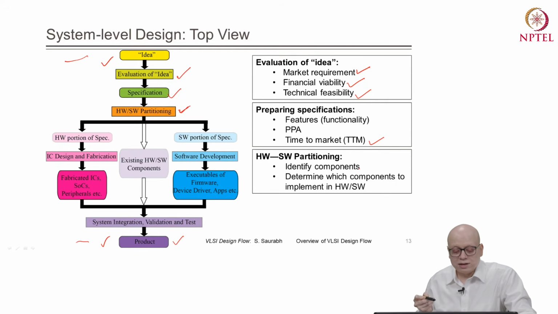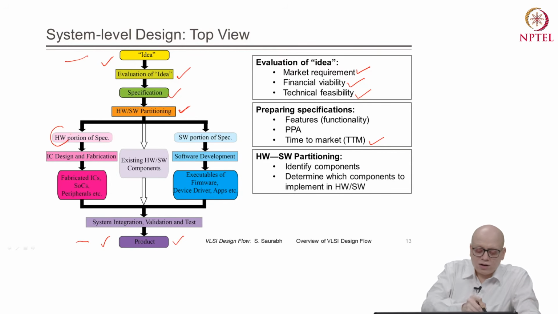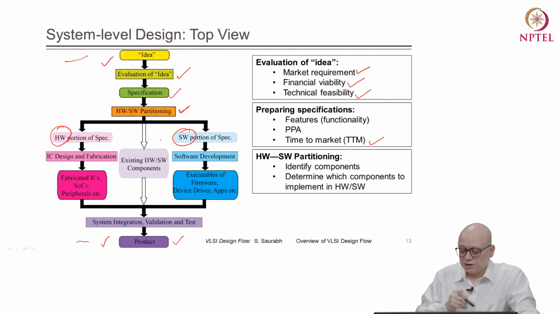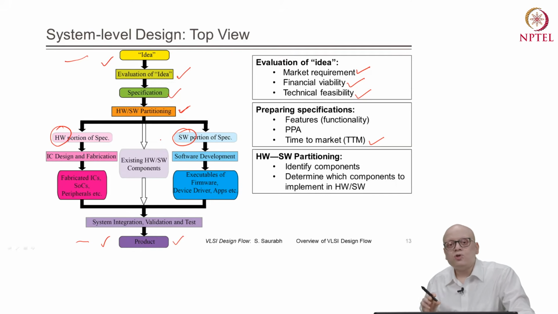At the broad level, these components can be either hardware or software. Now we need to decide which component needs to be implemented in software and which component needs to be implemented in hardware, and this step is known as hardware software partitioning.